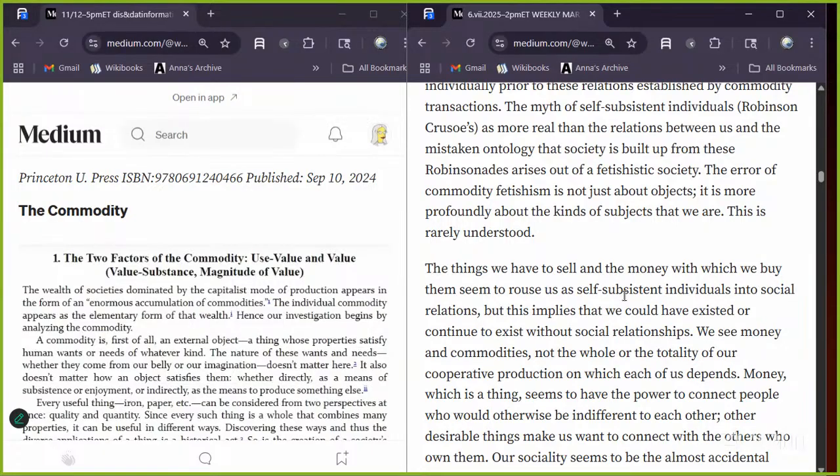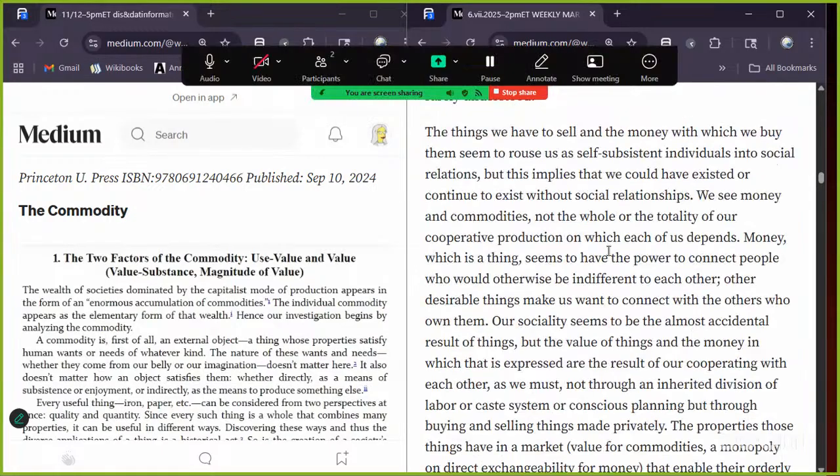We see money and commodities, not the whole or the totality of our cooperative production on which each of us depends. Money, which is a thing, seems to have the power to connect people who would otherwise be indifferent to each other. Other desirable things make us want to connect with the others who own them.